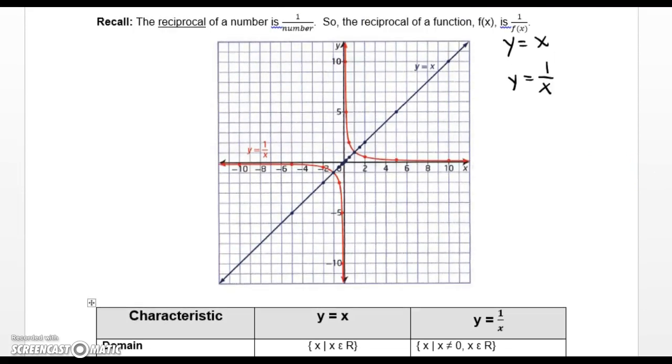So looking up here at this graph, at our original function, you would see that it continues on and on in a straight line. So there's no restrictions on x here. But in terms of our reciprocal function, we would see that our red line approaches that y-axis, or where x is equal to 0, but it never actually crosses it. So we would say that x cannot equal 0.